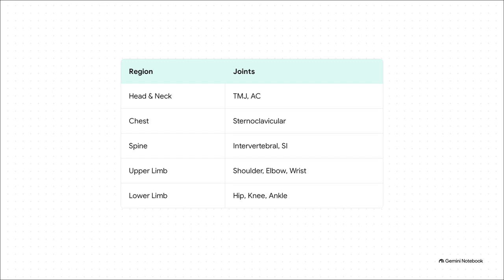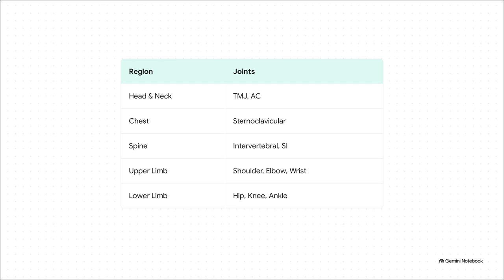To tie all this mechanical function directly to physical locations, let's do a rapid, top-down anatomical tour of regional joint distribution. Up in the head and neck, we code for the TMJ and the AC, or acromioclavicular joint. Down in the chest, it's the sternoclavicular and costovertebral joints. Moving to the spine, we have intervertebral joints and the highly clinically relevant sacroiliac, or SI joint.